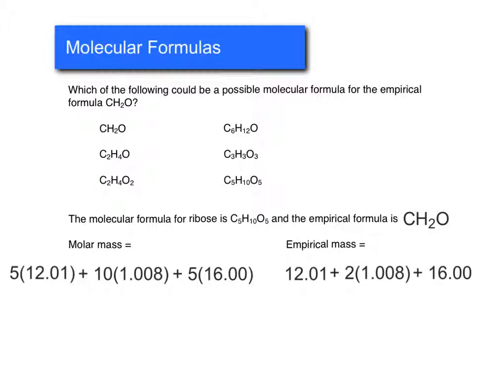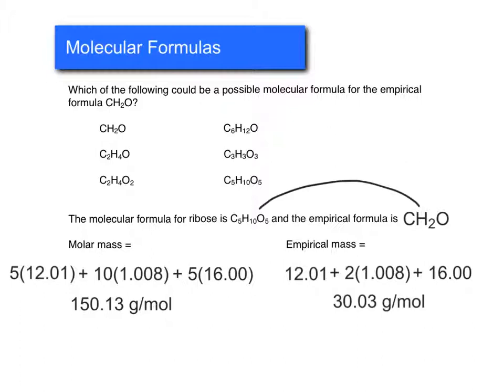Now, if we multiply and add all of those numbers out, we get 150.13 grams per mole for the molar mass of ribose, and we get 30.03 grams per mole for the empirical mass. And one thing you might notice is that the factor that we use to get from the molecular formula to the empirical formula is 5, and the factor that would get us from the molar mass to the empirical mass is also 5.